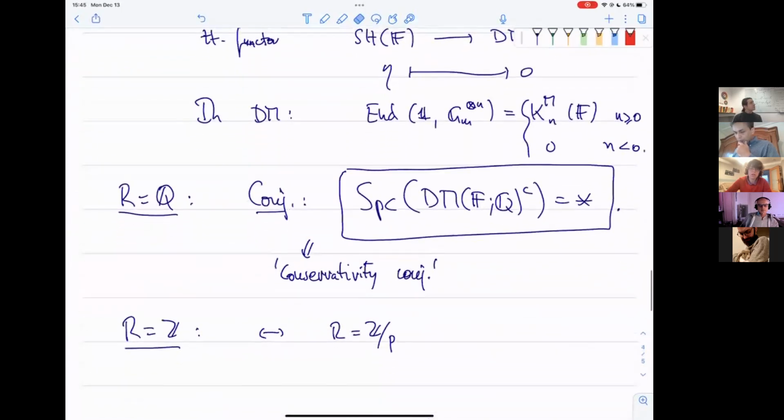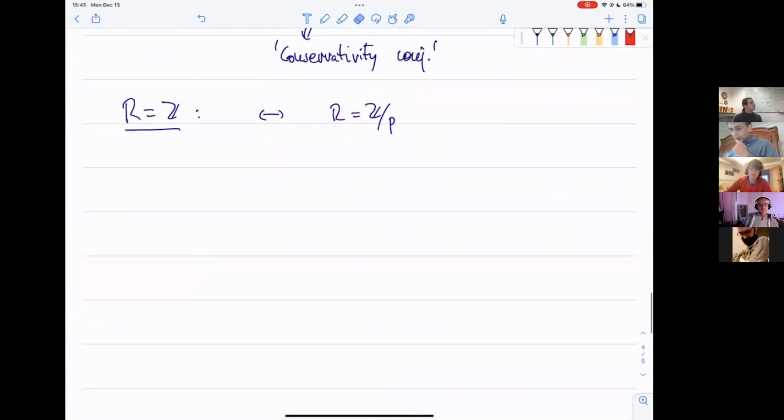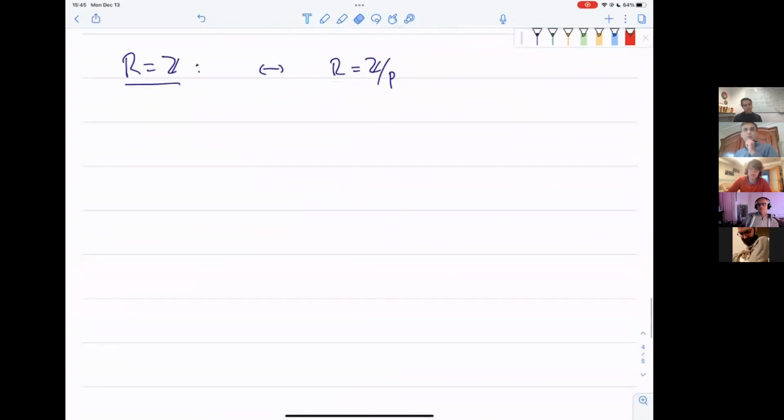Okay, so let me not go in circles, but try to be a bit systematic. So what do we know now with integral coefficients or finite coefficients? Well, as I said, one of the tools is to use the comparison map. So let's look at the comparison map that Scott explained last time.